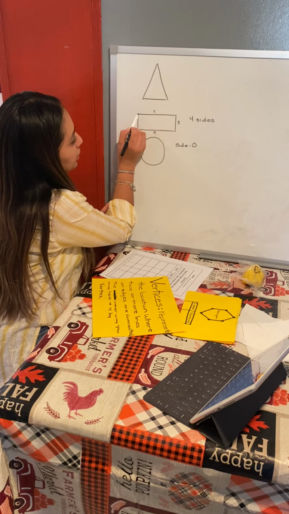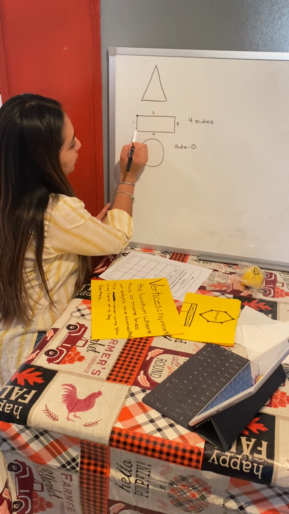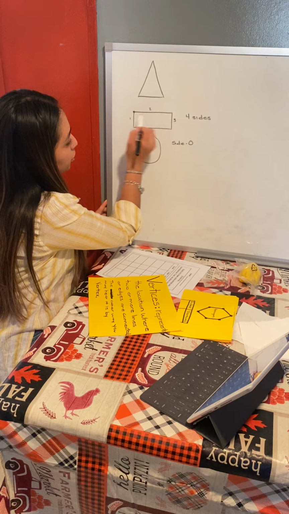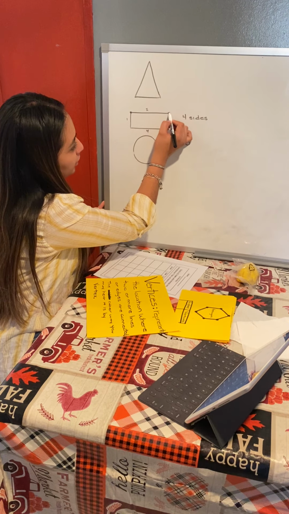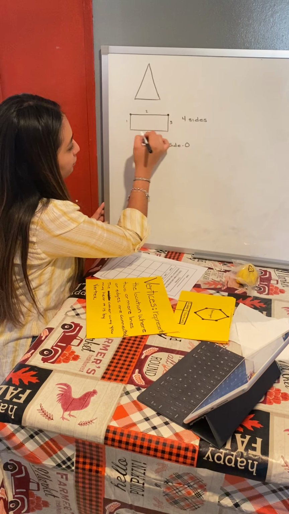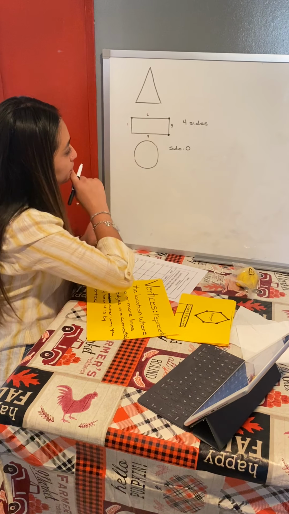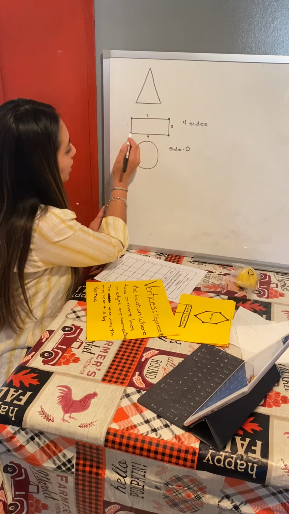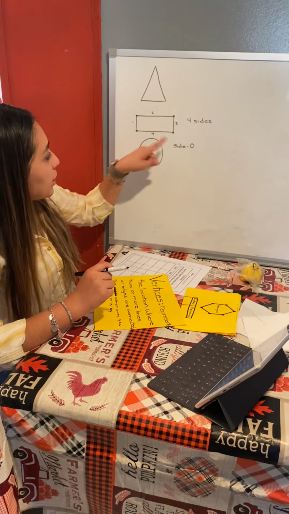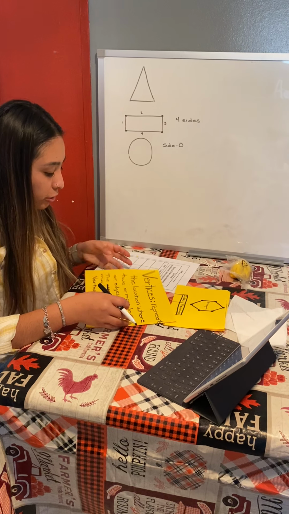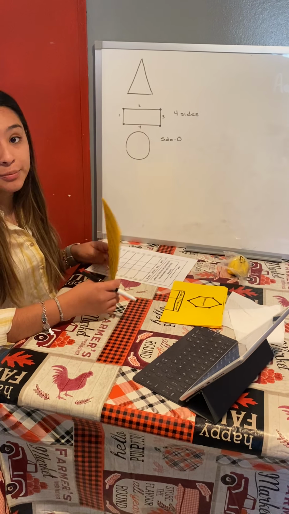So this is where line 1 and line 2 connect. And then 2 and 3 connect right here, as well as 3 and 4 connect right there. And then our 4 and 1 connect right there. So those little points on the sides are called the vertices or vertex.